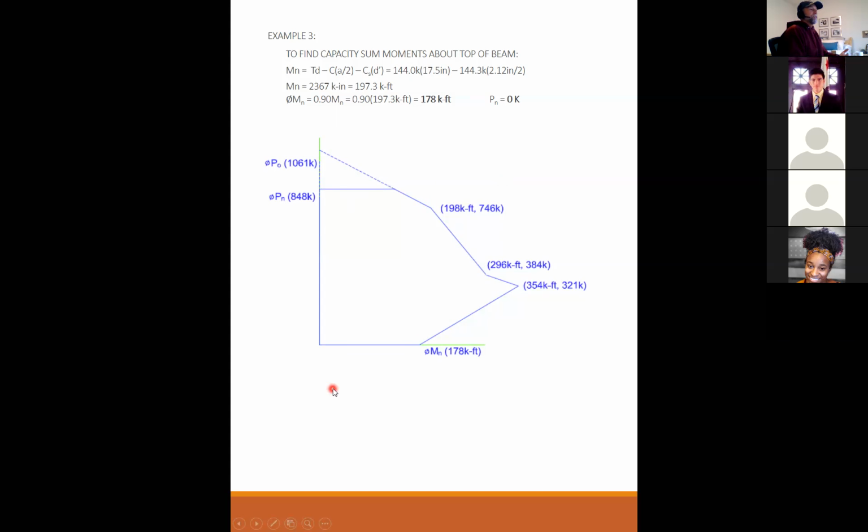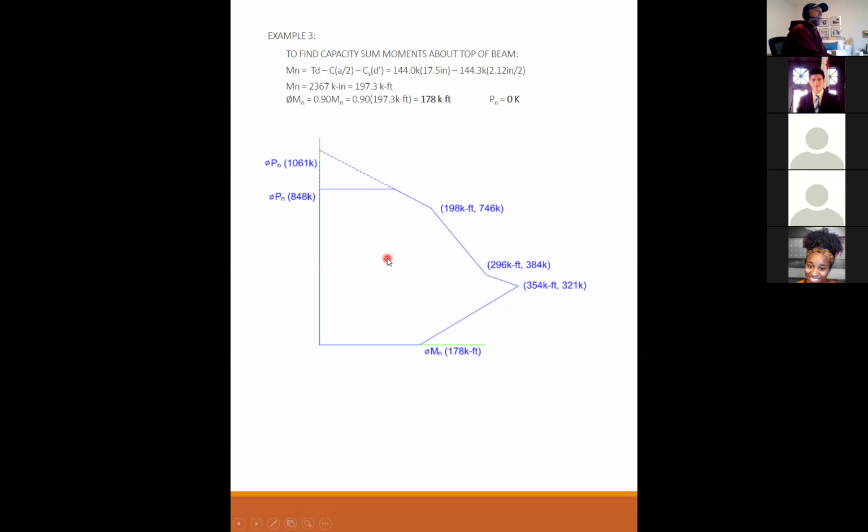The slenderness, this is the way ACI makes this work. The slenderness is not going to change this diagram. What the slenderness is going to do is take your applied load and amplify it. It may amplify your applied moments right outside of that curve, in which case the column doesn't work.